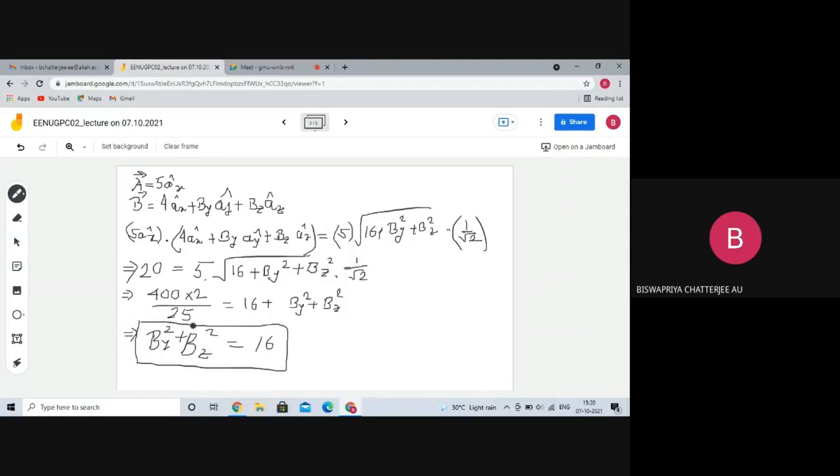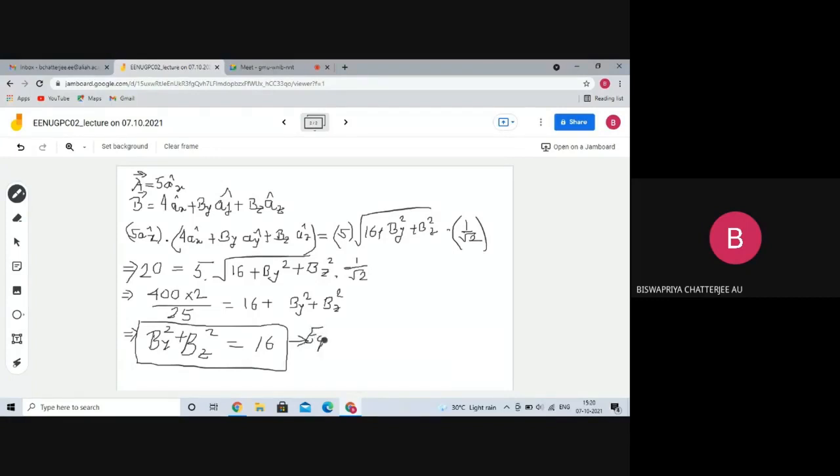So can you tell me whether it is right or wrong? 32 minus 16, 16. Can you tell me what it is representing? by square plus bz square equal to 16. Sir, this is a circular formula. Yes, this is the equation of a circle. Good observation.